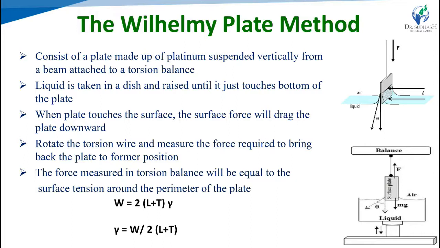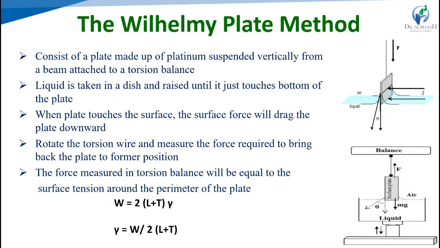The plate is attached to a torsion balance. The container is then gradually lowered so that the plate detaches from the surface of the liquid, and the reading on the balance is recorded.